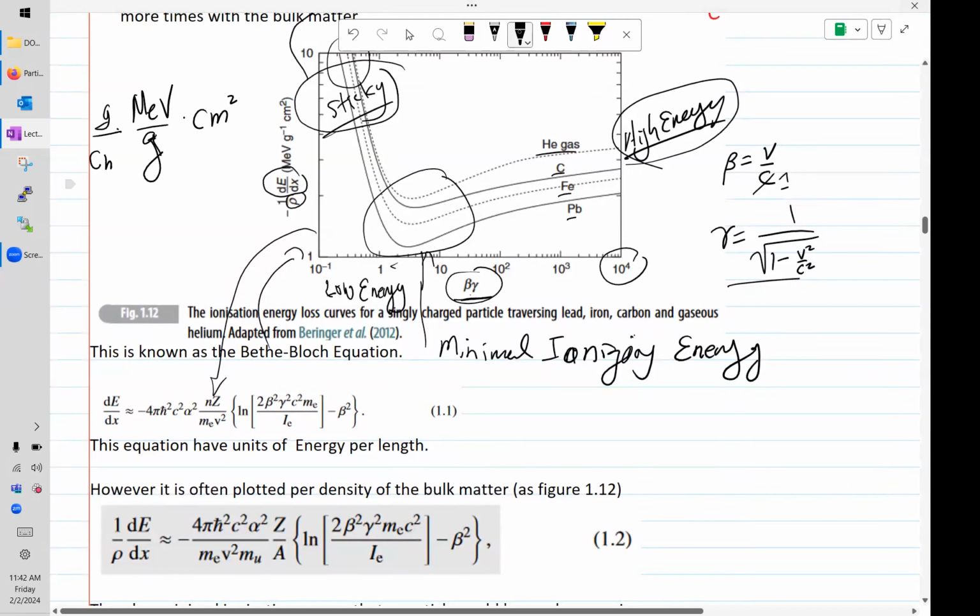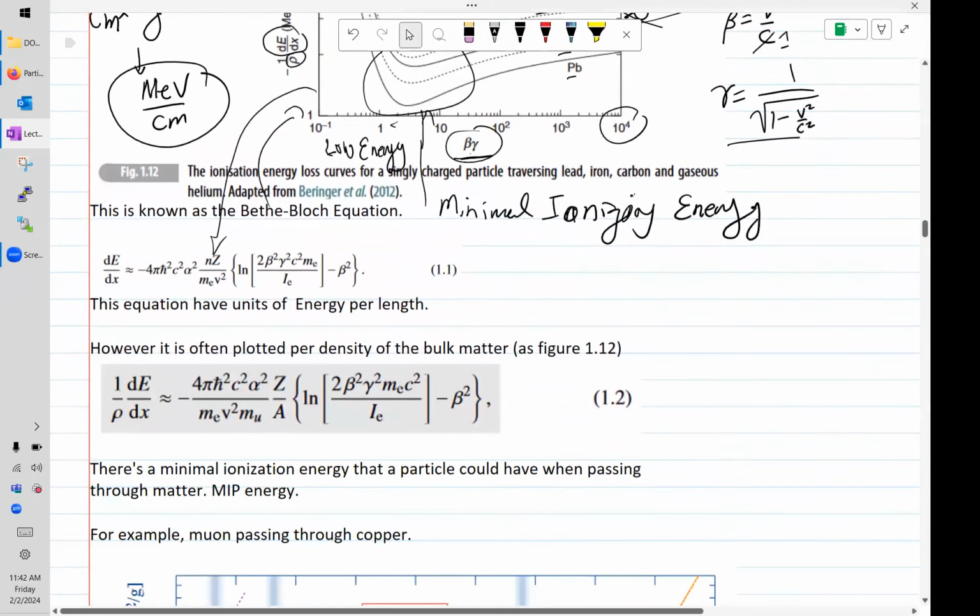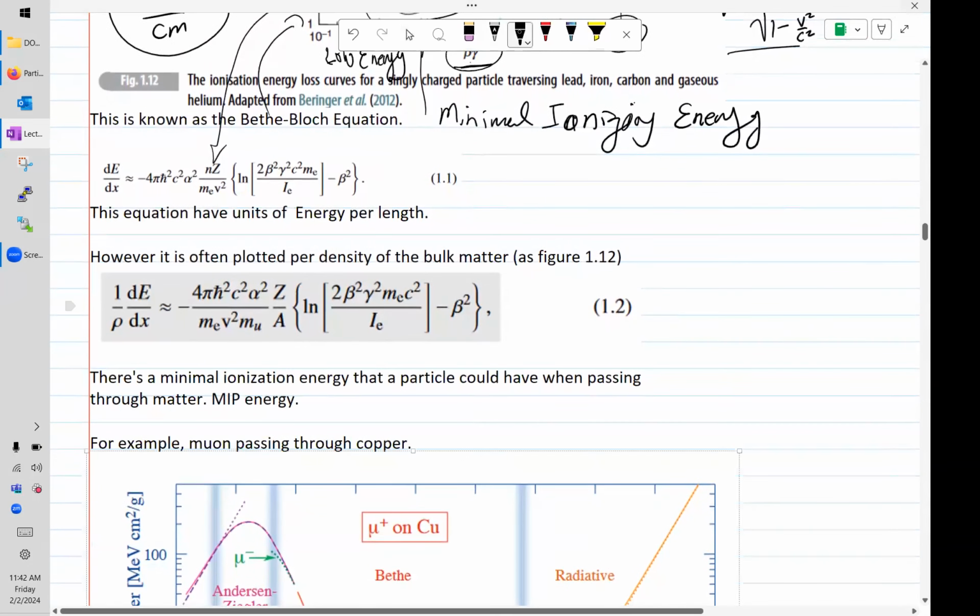Most of these units will cancel out. This is actually MeV per centimeter. This is how much energy that particular particle would lose per centimeter it travels through that material. So that's why this plot is not going to give you exactly the energy loss per length. You have to multiply by the density of that material.